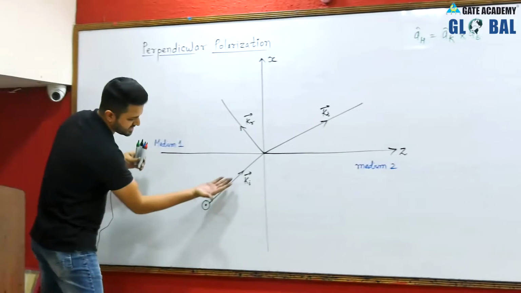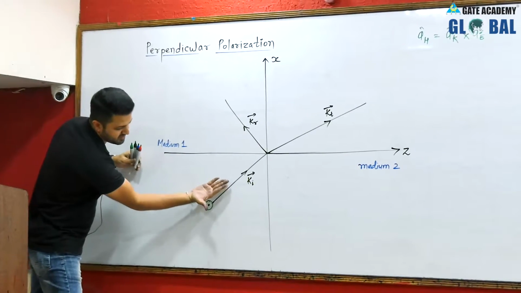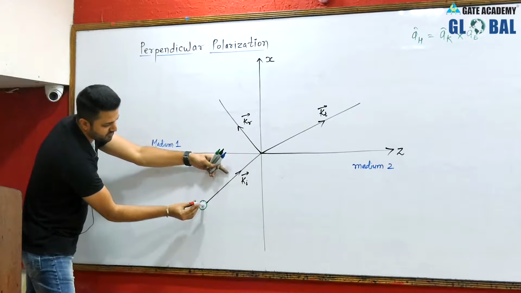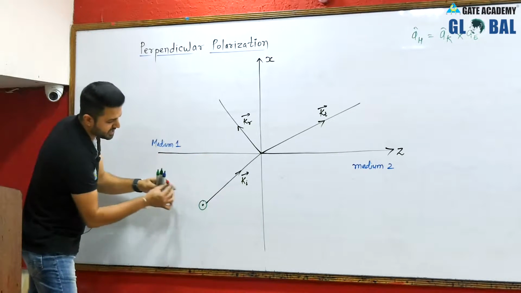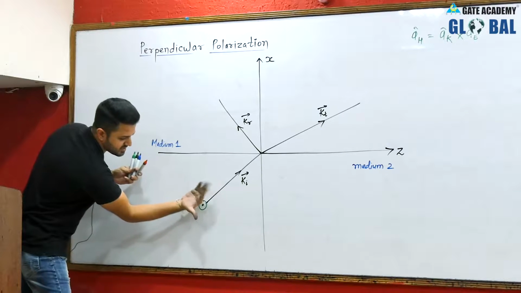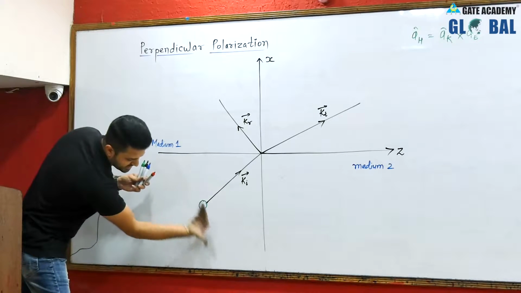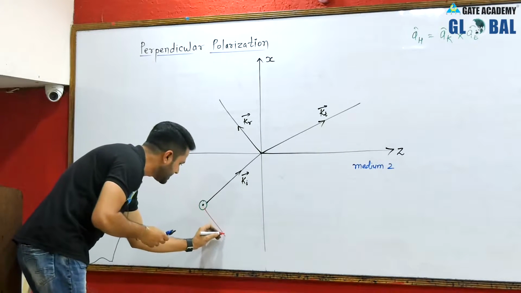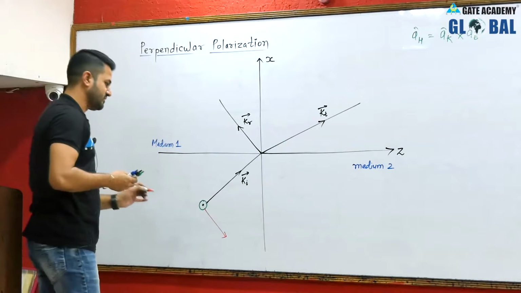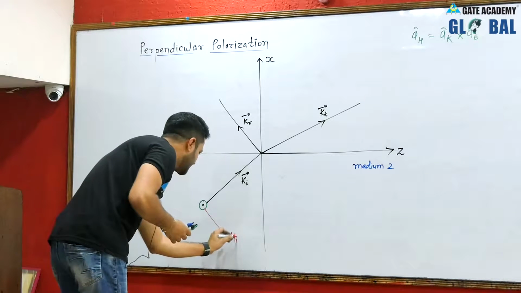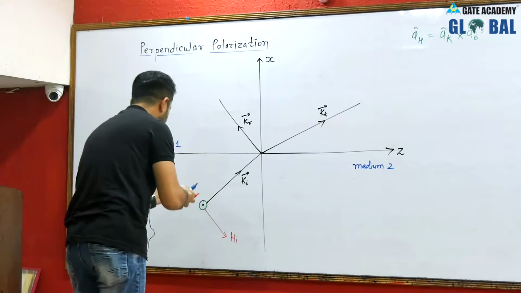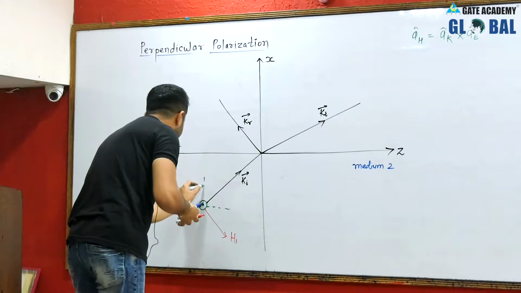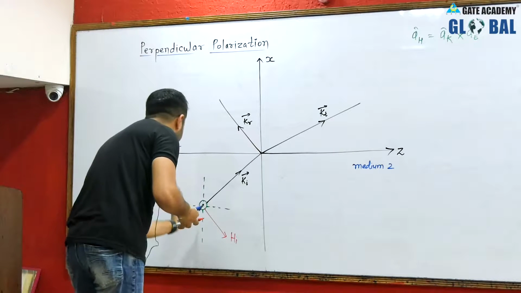If I curl my fingers from the direction of propagation to the electric field, which is outside the board, my thumb points in this direction. It means the direction of the magnetic field should be here. So this will be the magnetic field HI, and this is EI.